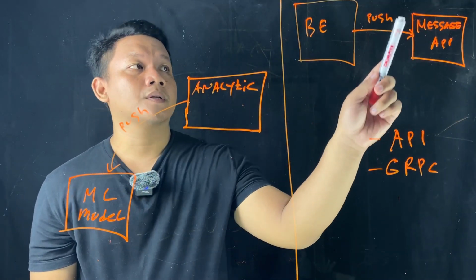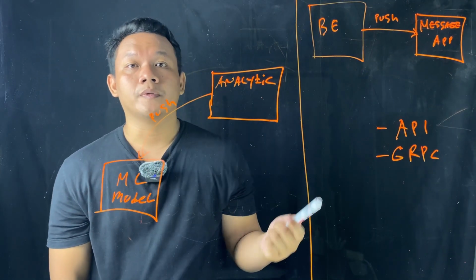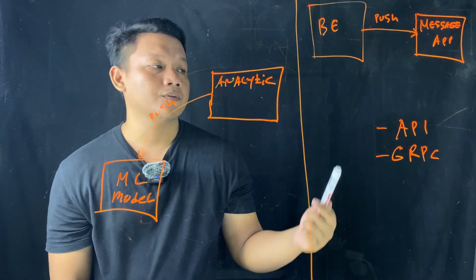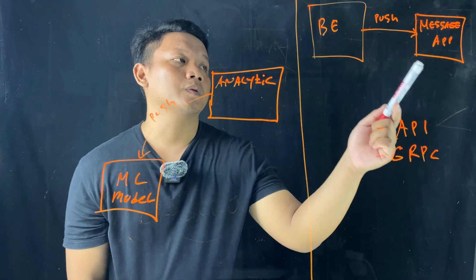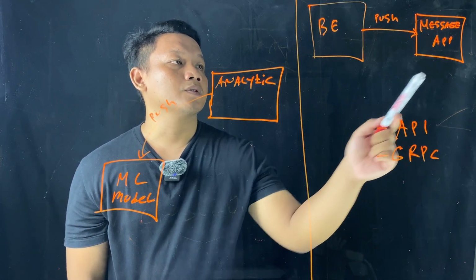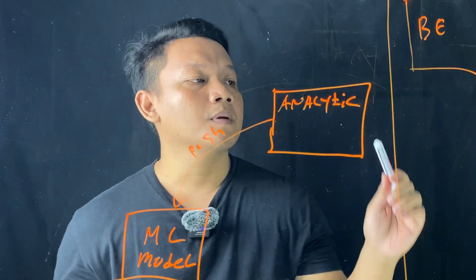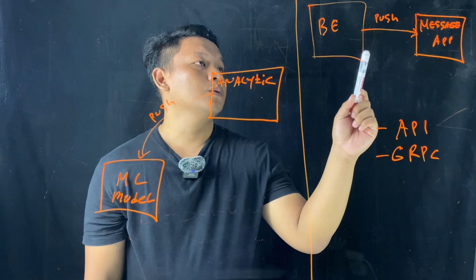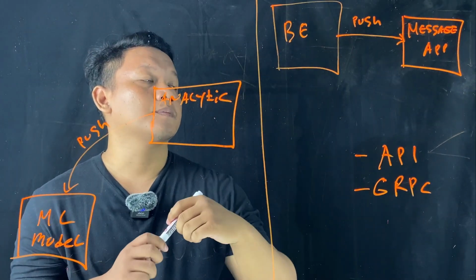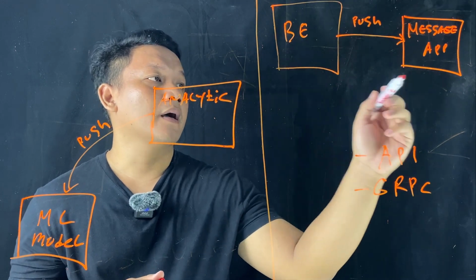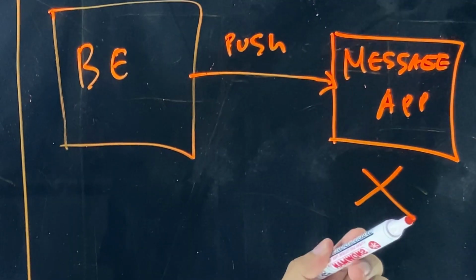The push method here could be done in multiple ways. Some basic and common implementations are via internal API calls between services, or a remote procedure call between those services. But one of the biggest problems with this implementation is when you try to send the data from the backend to the message app, and at that time the message app is down.